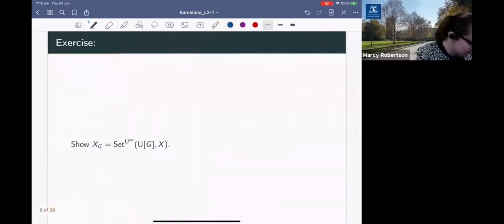I also wanted to say that there's not that many easy exercises for today's lecture. So I have one easy exercise. If you get lost after this point, this is worth doing if you've never done it before. Most people who have seen this will be familiar with this type of thing, but if you've never seen it before, you can play with this. My exercise is to show that the evaluation of a presheaf at G is in bijection with, it's probably better to say than equals, the set of maps from the representable at G into X, right?